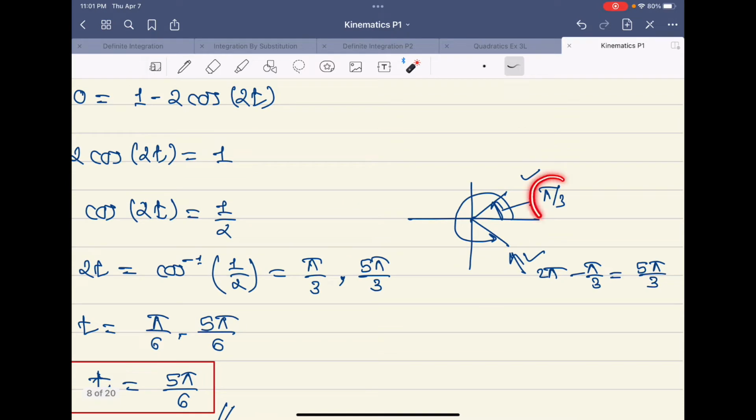So one angle is pi by 3, which is 60 degree. The other angle is basically, this total angle is 360, if you subtract this part, which is again same as 60. So 360 minus 60 is basically 300. 300 is basically 5 pi by 3.